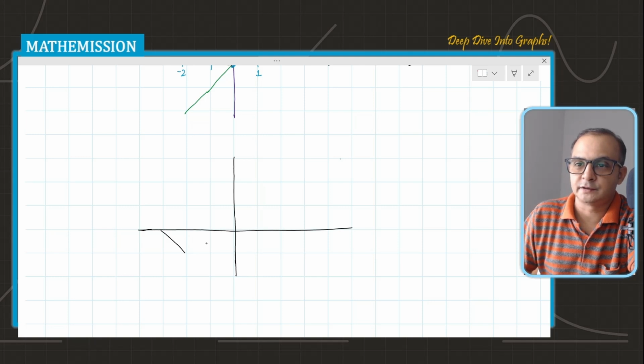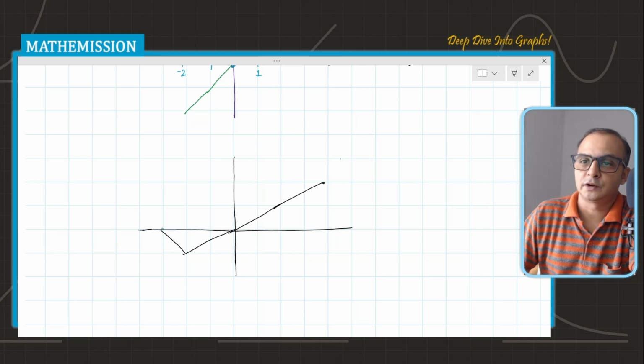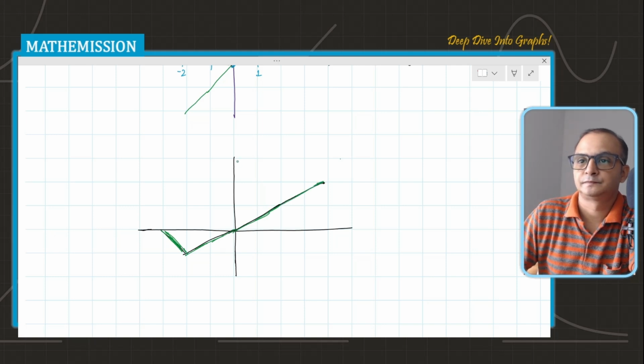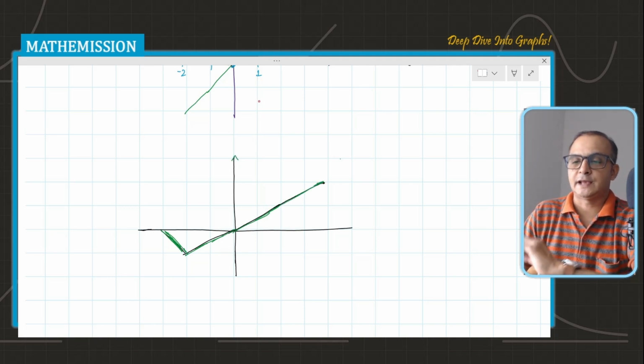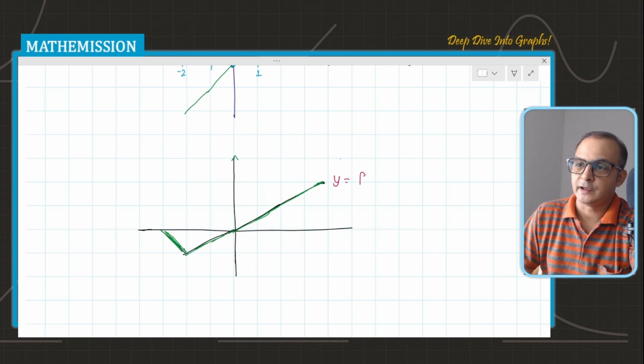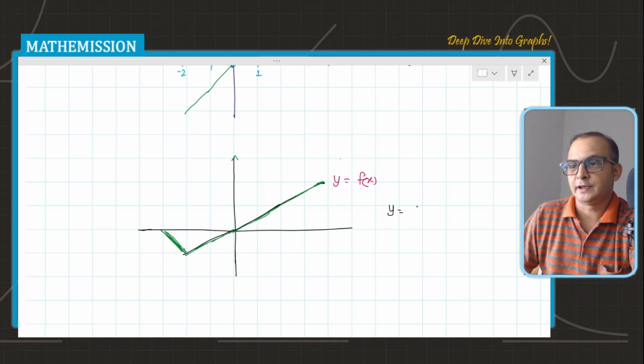I don't know what the function definition is, but we will see how we can draw the graph. This is y is equal to f(x), and I want to draw the graph of y is equal to f(mod x).